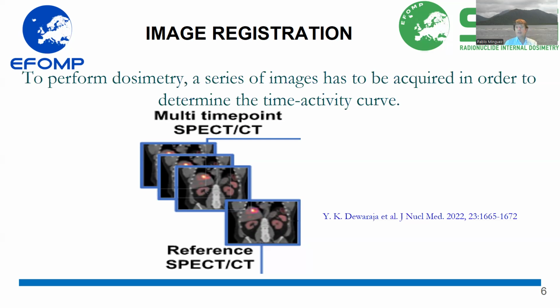So those images must be registered if we want to propagate volumes between the acquisitions. It would be desirable that patients are in the same position using motion restrainers, and we have to be careful also with the position of the arms. They must be in the same position all the time. That way, registration of the different organs or the lesions will be easier.